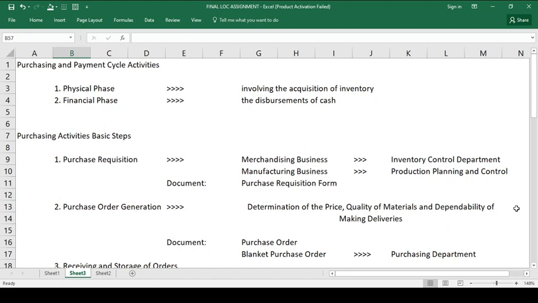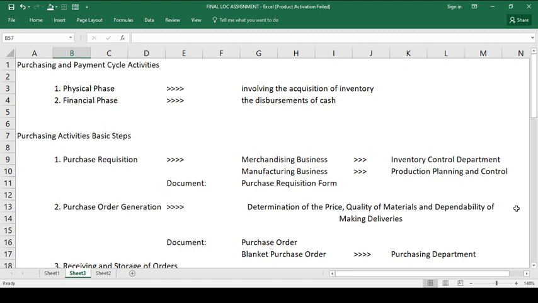In merchandising business, it is only the inventory control department because the inventory control department, siya naman yung nakaka-assess kung kulang na yung inventories subject for sale. So, that particular department is responsible on preparing the purchasing requisition form para i-stipulate how many inventories are needed to purchase or to acquire.